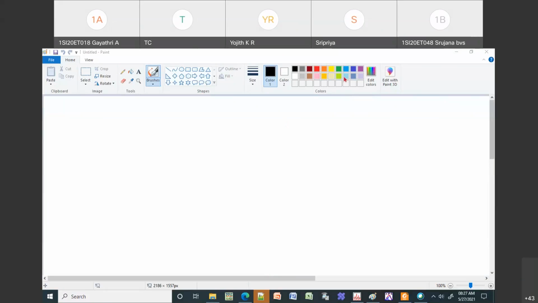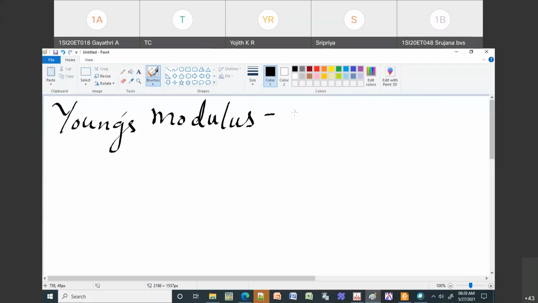Now we will try to derive the expression for Young's modulus by using what we call a single cantilever. This is again a continuation of your previous one.